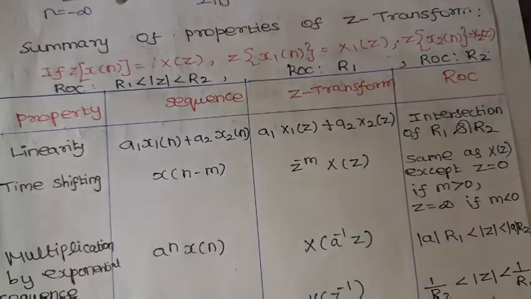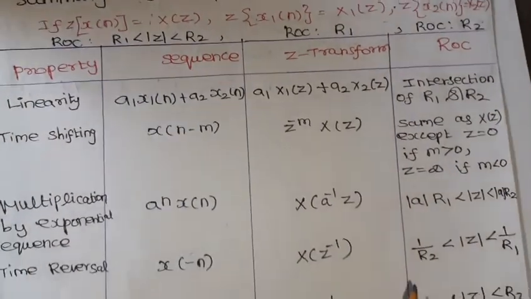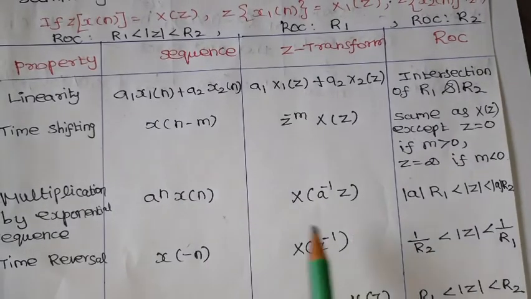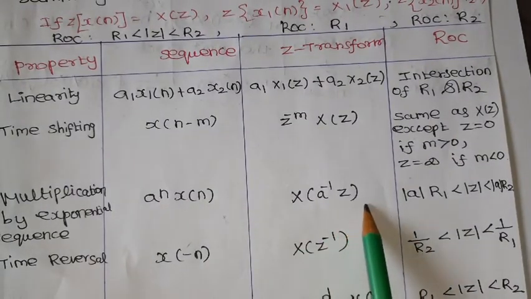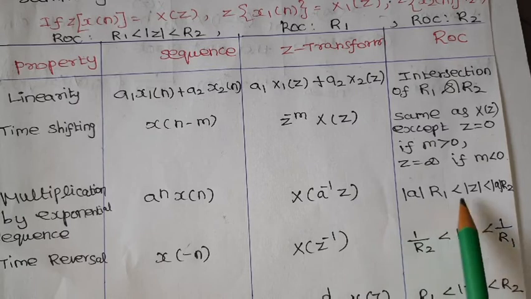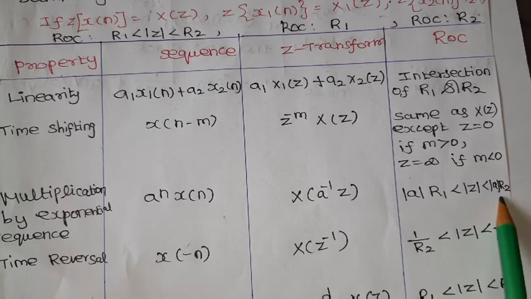Next, multiplication by an exponential sequence: A power n x of n is equal to x of A inverse Z. ROC will be mod A R1 less than mod Z less than mod A R2.